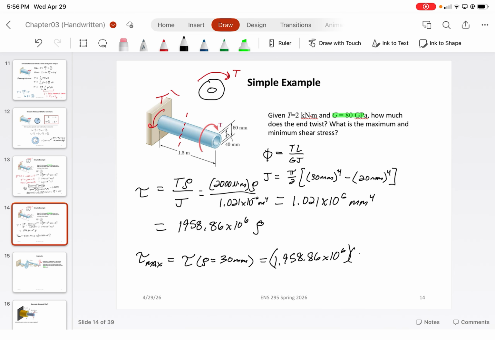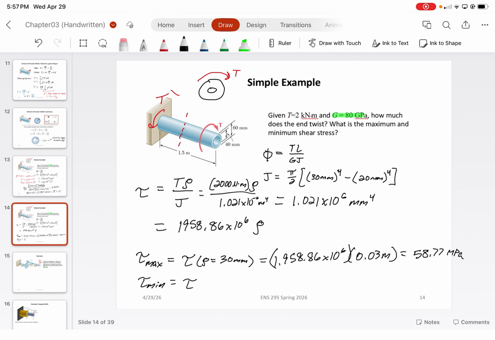But rho should be in meters, since all of our units were technically in meters. Which gives us a stress of around, okay, that makes a lot more sense, 58.77 megapascals. I thought I was losing my mind there.